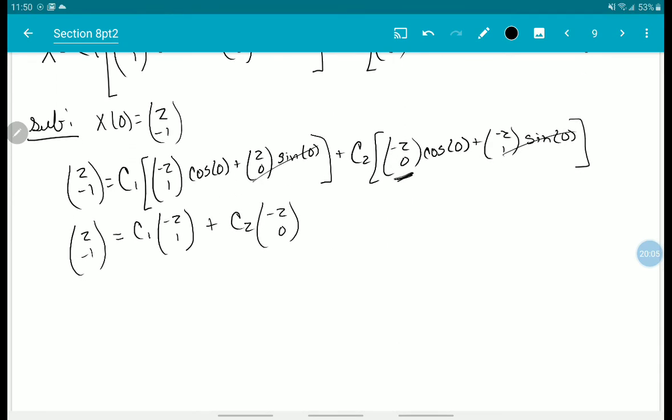Remember, this is a 2 by 1 matrix, same as those. So if we were to write this system out, that first line would say 2 is equal to negative 2C1 minus 2C2. The second line would say negative 1 is equal to C1 plus 0 C2.